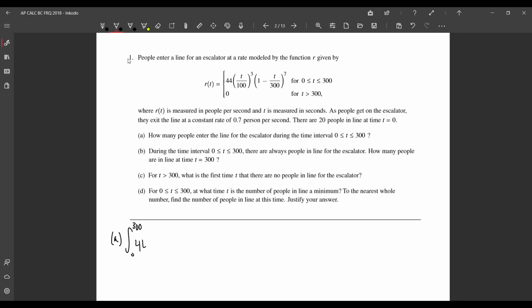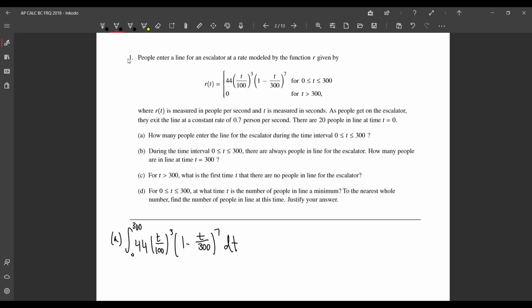So we have 44 t over 100 cubed times 1 minus t over 300 to the 7th. Now I was going to do this explicitly, but I recall that thankfully graphing calculators have numerical integration capabilities.